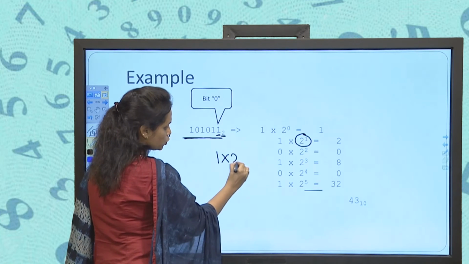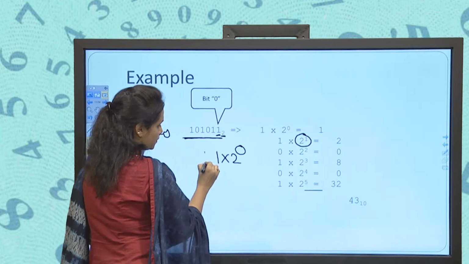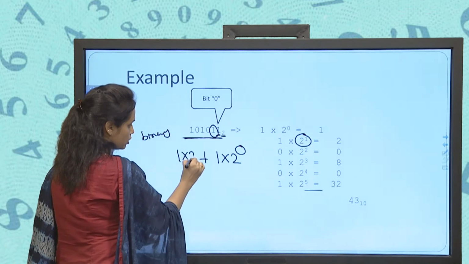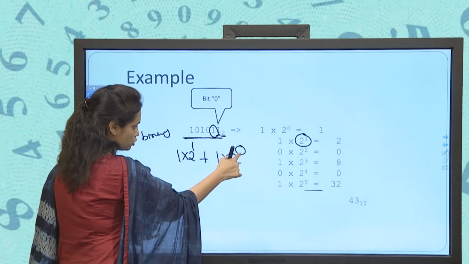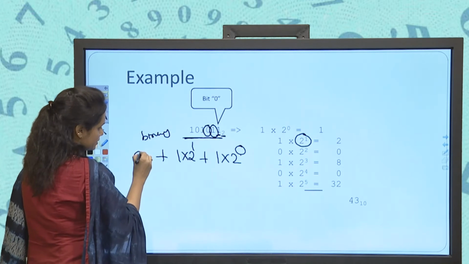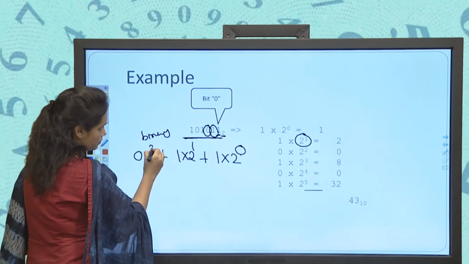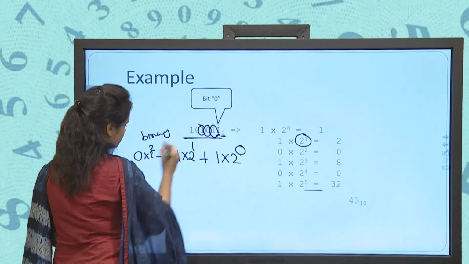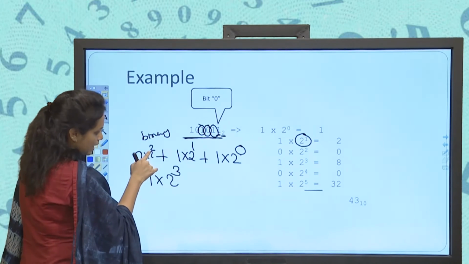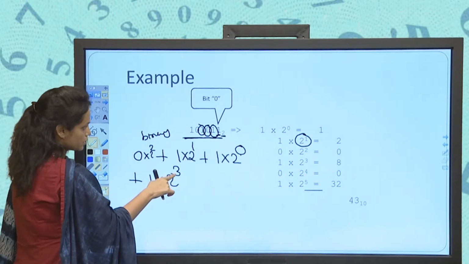It is 1 into 2 raised to 0 plus, for the second number we increase the power by 1, 2 raised to 1, this is 0 power, this is 1 power. For the next number it is 0 into 2 raised to 2, for the next number it is 1 into 2 raised to 3, because our last power is 2, that's why it is 2 raised to 3.